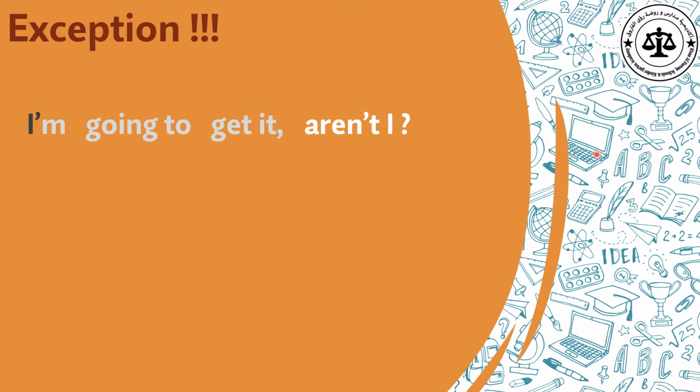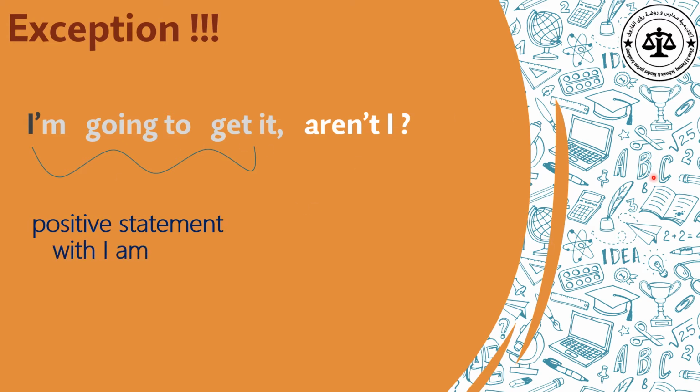Why? خلينا نفسر. I am going to get it. It's a positive statement، جملة مثبتة. It started with I and it's positive. Aren't I? It's a negative. A negative question tag.